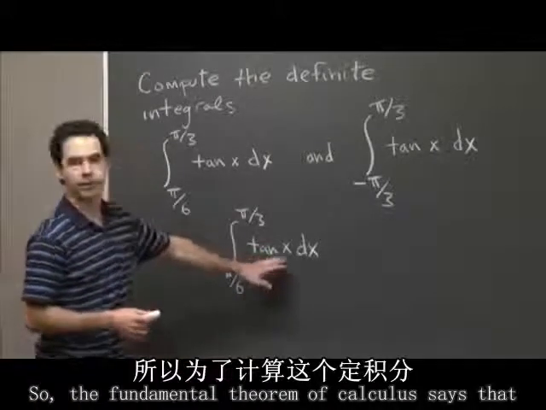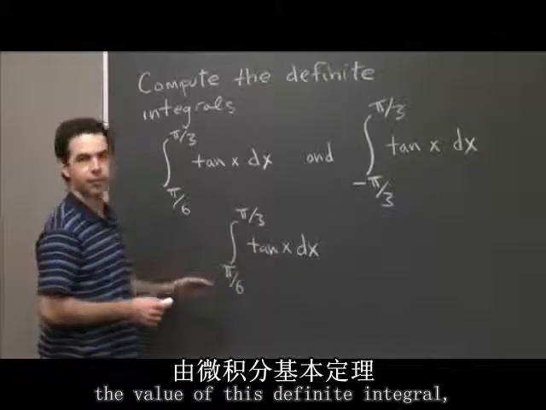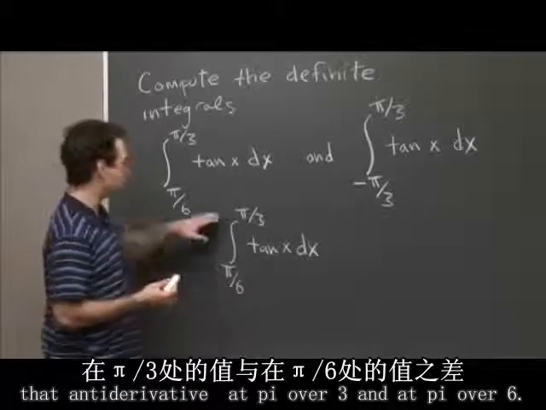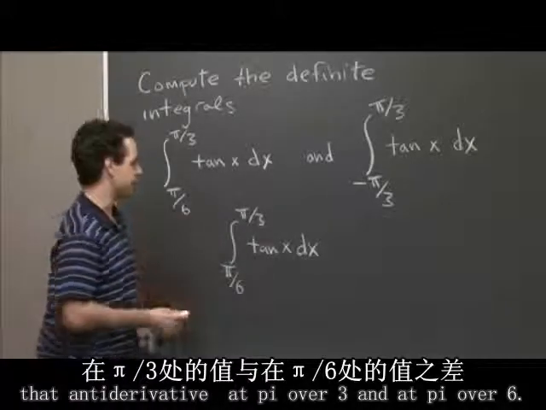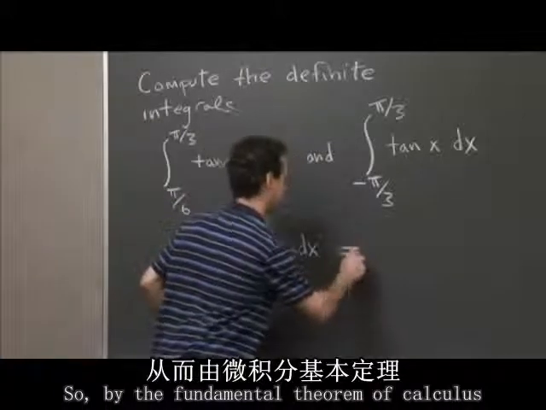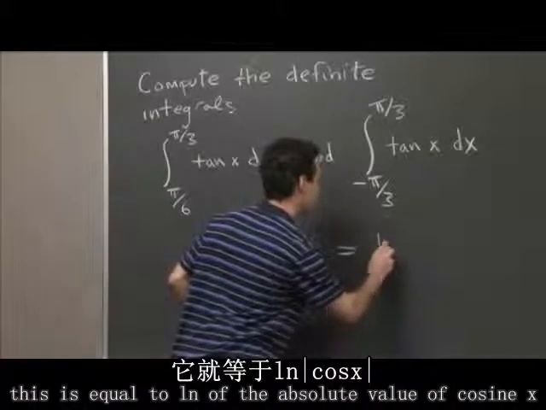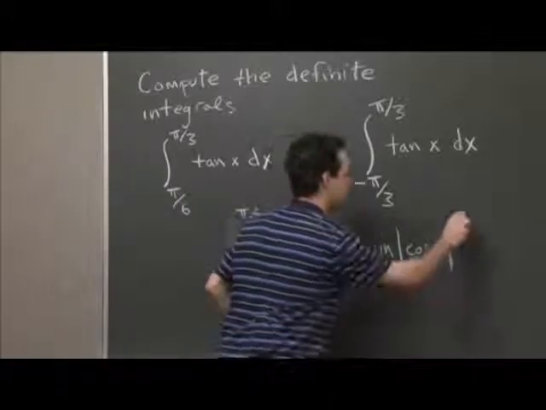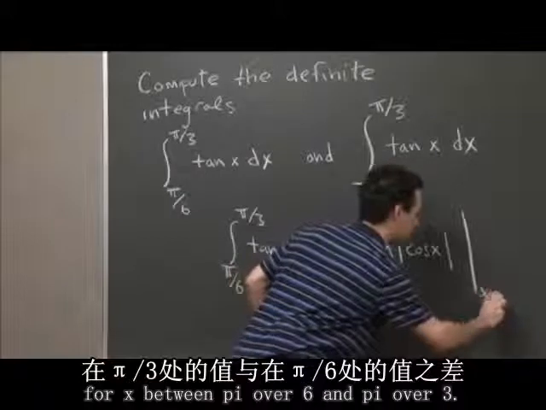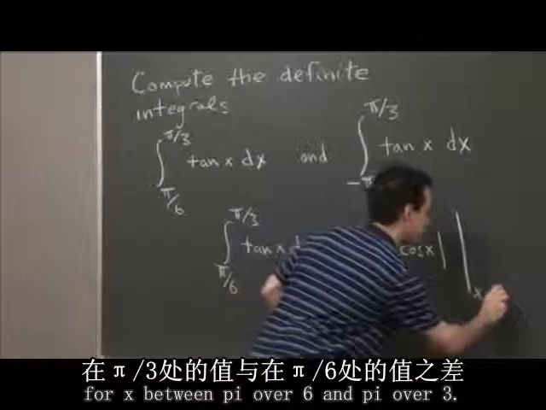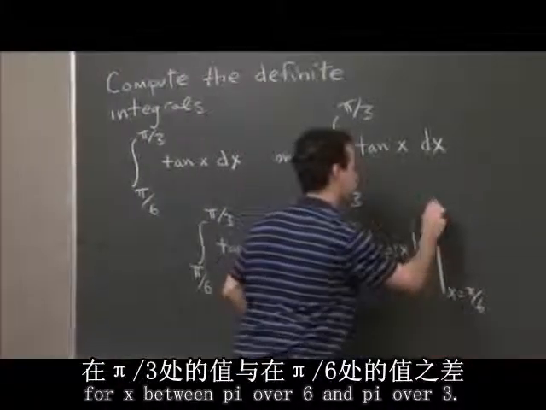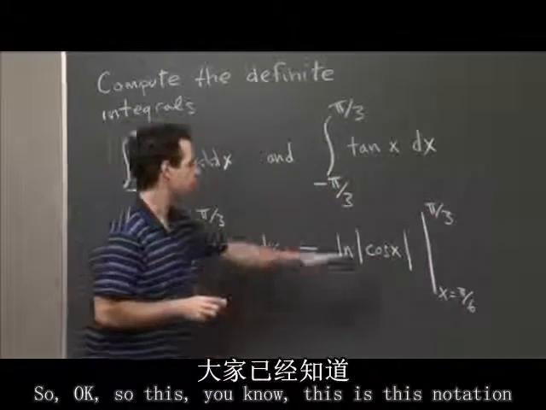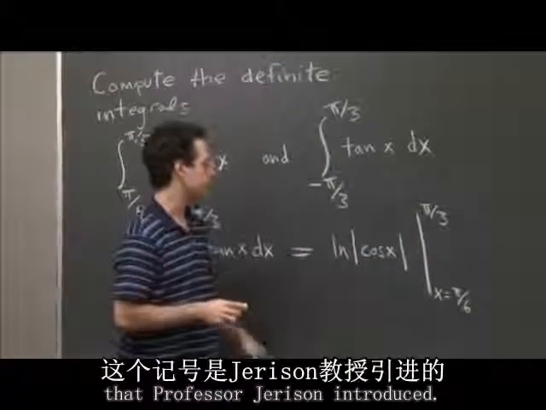So the fundamental theorem of calculus says that to compute this definite integral, we just take the difference of that antiderivative at pi over 3 and at pi over 6. So by the fundamental theorem of calculus, this is equal to ln of the absolute value of cosine x for x between pi over 6 and pi over 3. This is the notation that Professor Jerison introduced.